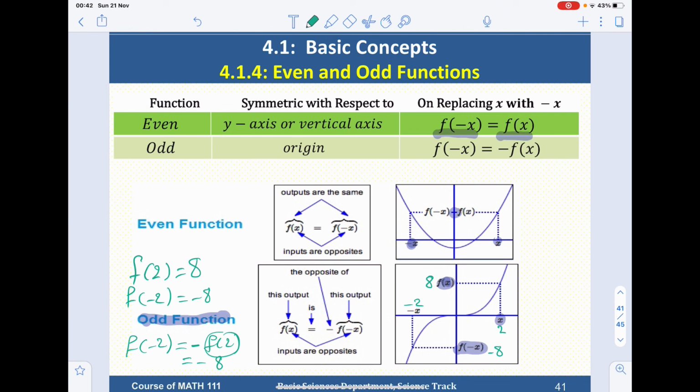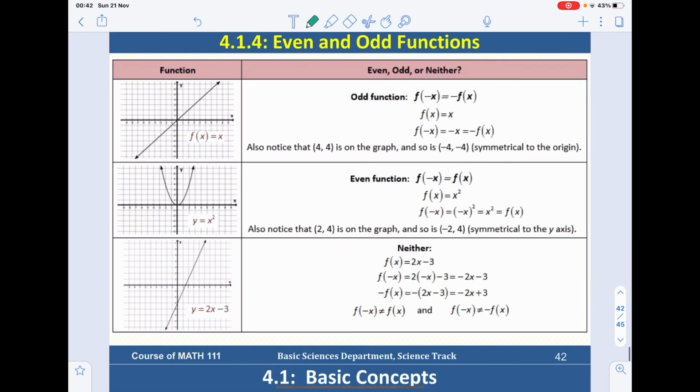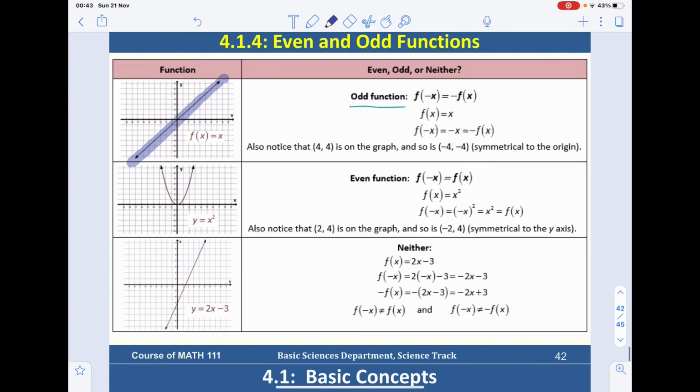So if the graph is symmetric through the origin, the function would be odd, and if the graph is symmetric through the y-axis, the function would be even. As you can see here, we have an odd function, and this is odd because it's symmetric through the origin. Also, we can check by following this formula that f of negative x equals negative f of x.